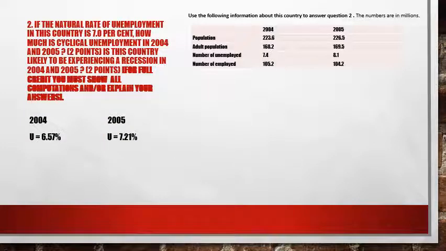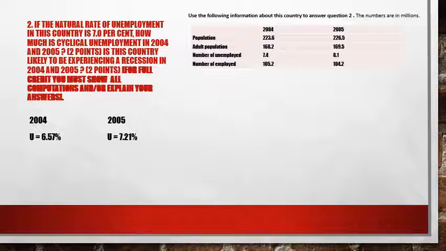Now, the second part of the question, what we're going to be doing is determining whether in 2004 our country was undergoing a recession, and we're going to be doing the same thing for 2005.